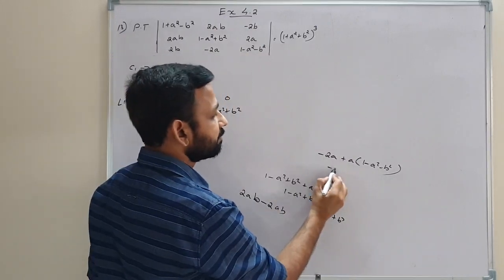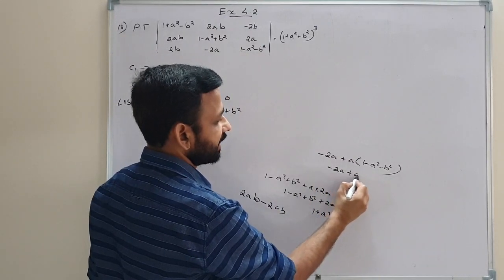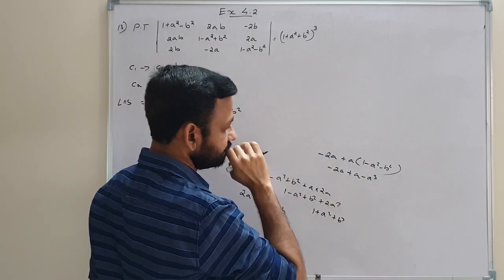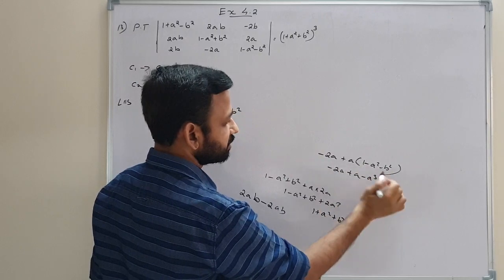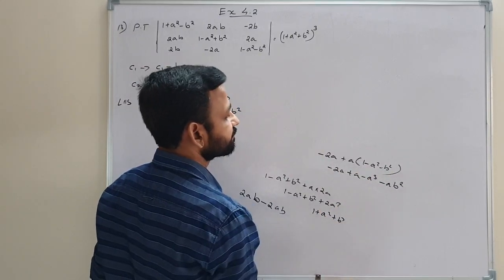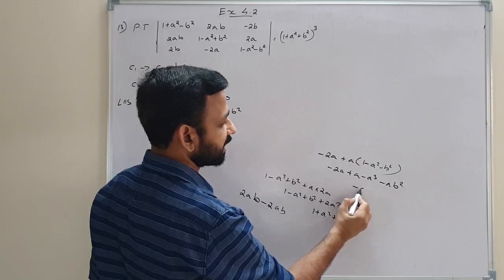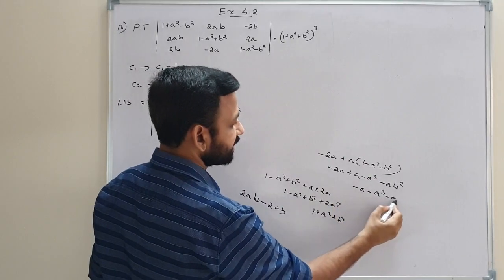Open the bracket. Minus 2a plus a minus into plus into minus minus a cube plus into minus ab square. So we can combine minus 2a and plus a, that is minus a cube minus ab square.